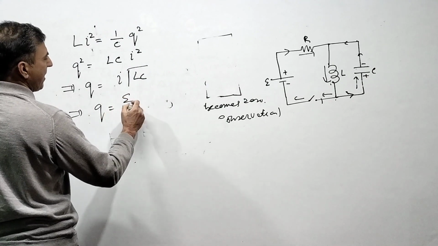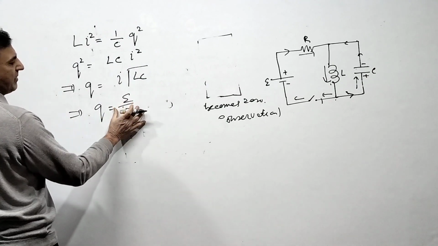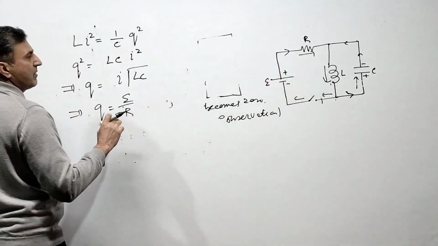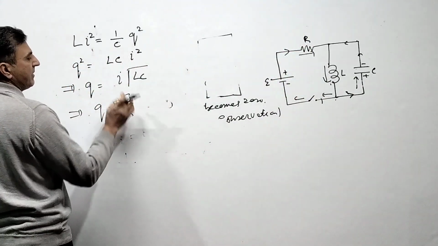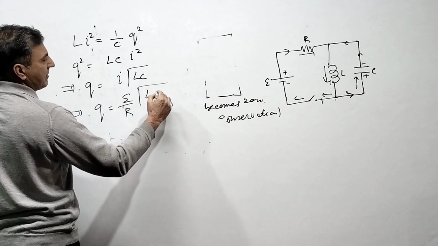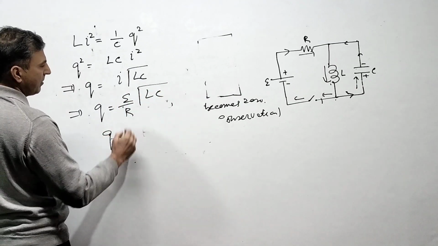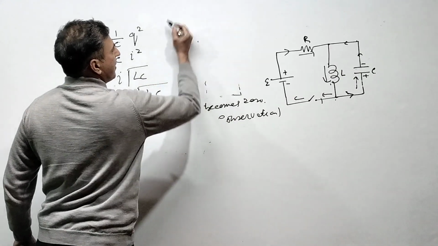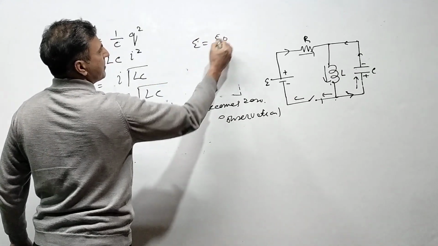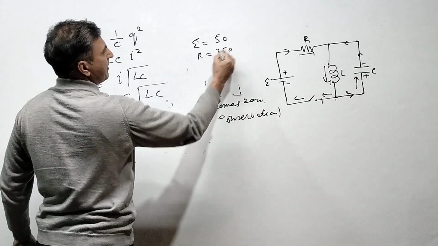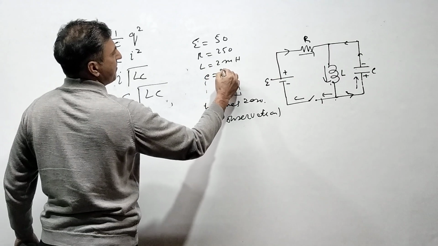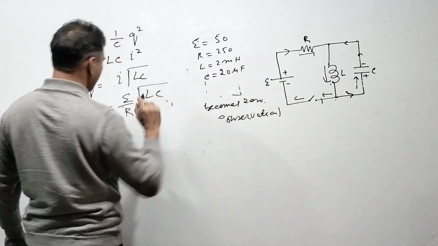It is i, that is E by R, as we already found. The initial current in the inductor was E by R. So Q equals E by R times root of L C. What was E, that we already know. E was 50 volts, R is 250, L is 2 millihenry, and C is 20 microfarad. Substitute all these values.